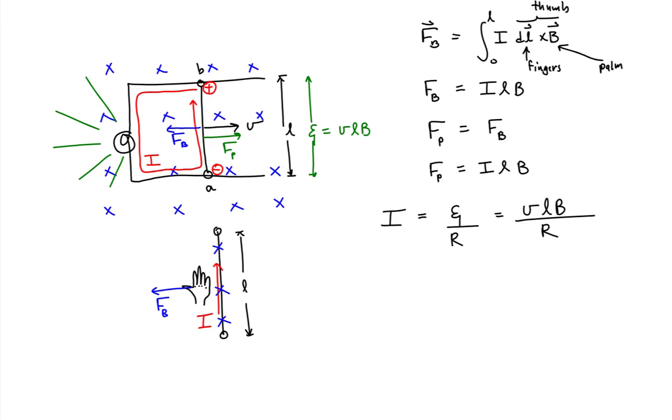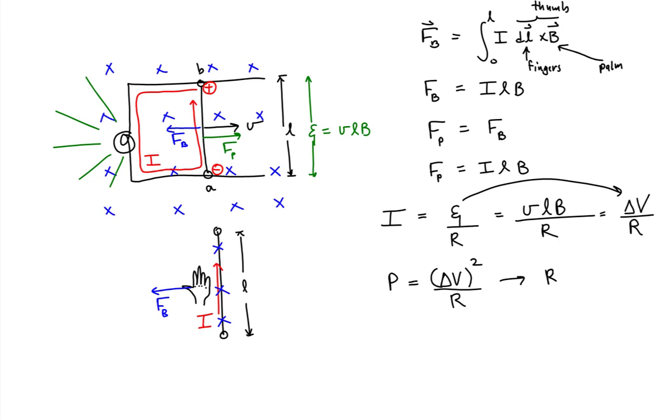Now, we could actually save ourselves some time because remember, the induced EMF is just the potential difference needed to light this bulb to maximum brightness. We know that that potential difference is delta V. So the current is that potential difference divided by the resistance of the bulb. To find the resistance of the bulb, we could turn to the relationship between the power of our bulb, the potential difference the bulb needs to light at that power, and the resistance.